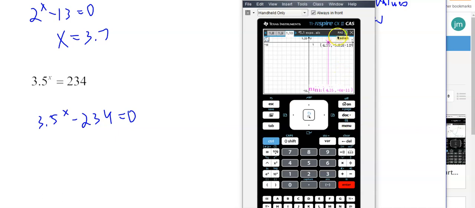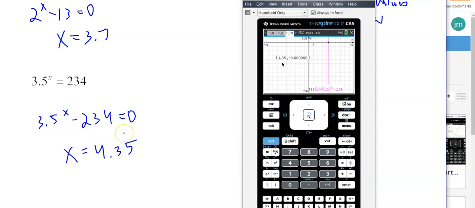By the way, this does happen here. Occasionally it looks like the y value is not 0. It actually is 0 if you hit more digits. It is pretty much 0 there. It's just having trouble identifying it as 0. So that happens. If it says it's a 0, the y value is 0, even if it has a scientific notation number there. So x is approximately 4.35.